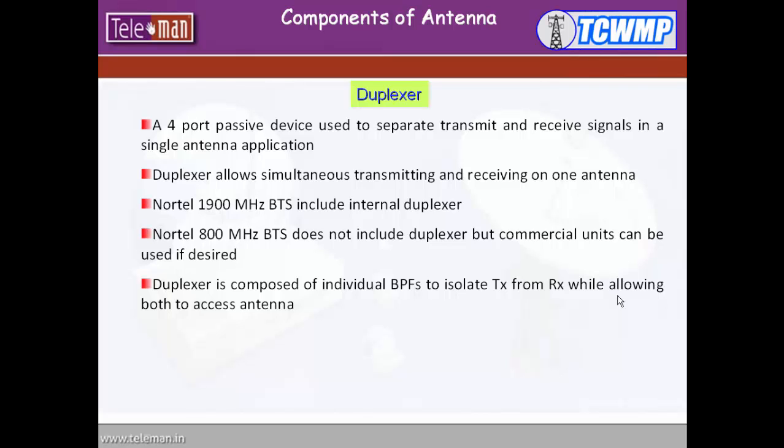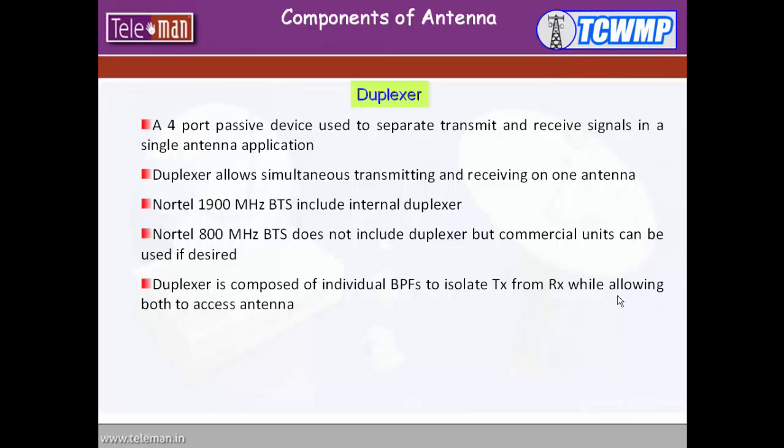Then the duplexer. This is also a 4-port passive device used to separate transmit and receive signals. So how will I separate TX frequency and RX frequency? This 4-port device will separate TX and RX signals on a single antenna. The duplexer allows simultaneous transmitting and receiving on one antenna.